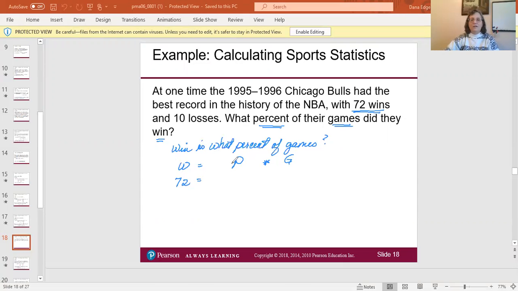It's saying what percent, so no point in looking for that. But how many games did they play? They actually played 72 plus 10 because they split it up between wins and losses instead of saying out of 82 games. But we know that this is going to be the 72 plus 10. So we've got 72 equals P times 82. Divide by 82.